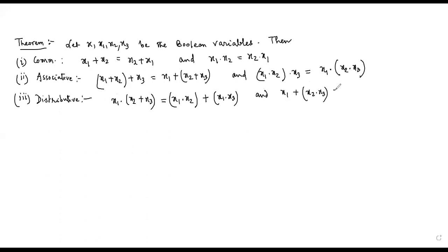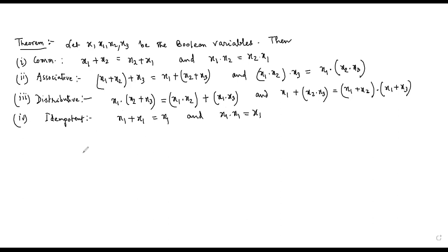It is kind of atypical, as I mentioned in the previous case, but you have to know that in Boolean algebra this type of thing happens, and we can write it in the manner I have written. And in 4, we can introduce the idempotent law, which states that x1 plus x1 is equal to x1, and x1 into x1 is equal to x1.